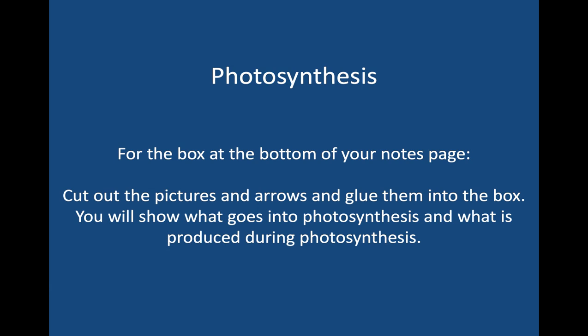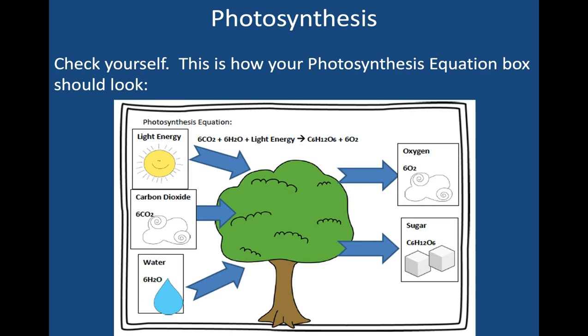Now, on your notes, or if you're doing this at home, you can do this drawing to help you refresh how this process works. If you're in class, we're going to cut out these pictures and glue the arrows onto the box. This is going to show you how photosynthesis occurs. So we have our plant there, we have a tree.